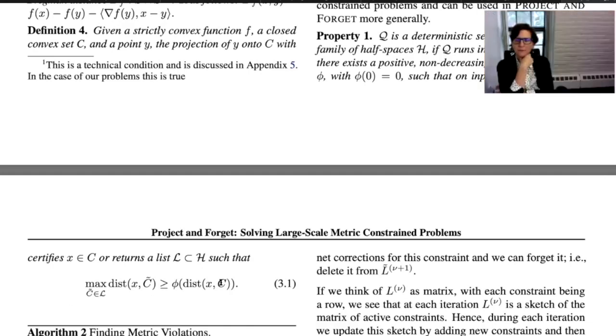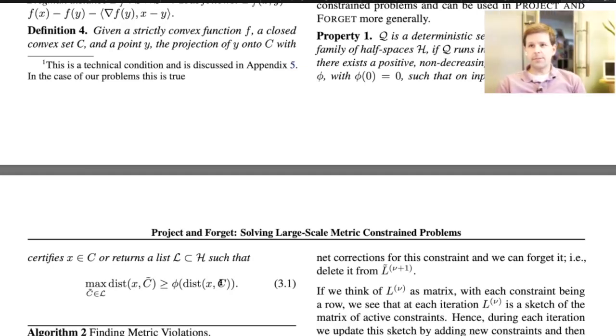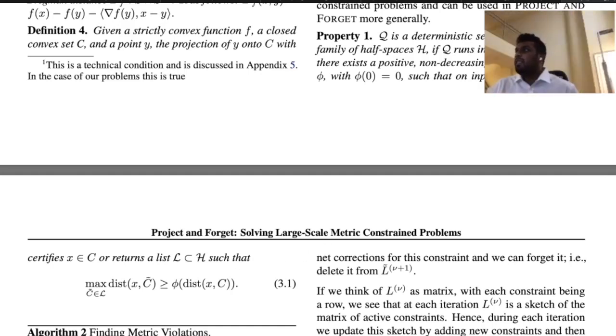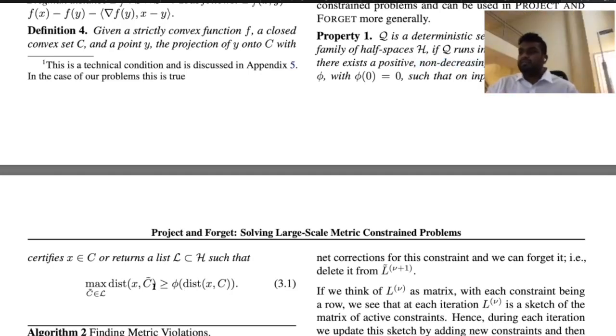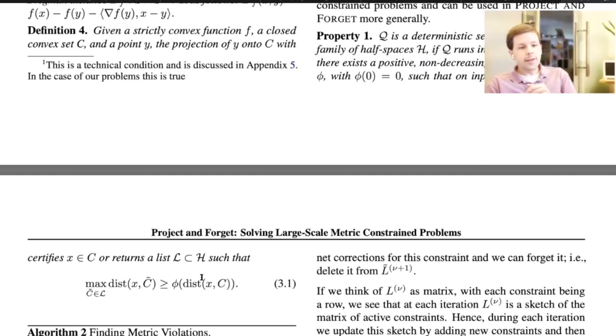And presumably eventually, if there's a violated constraint, you would need your algorithm to catch it, right? So is that distance threshold going to be decreasing as you run this more and more, or are you going to drive that down? Right, so that's what it has to do with this thing about the function. Okay. Got it.